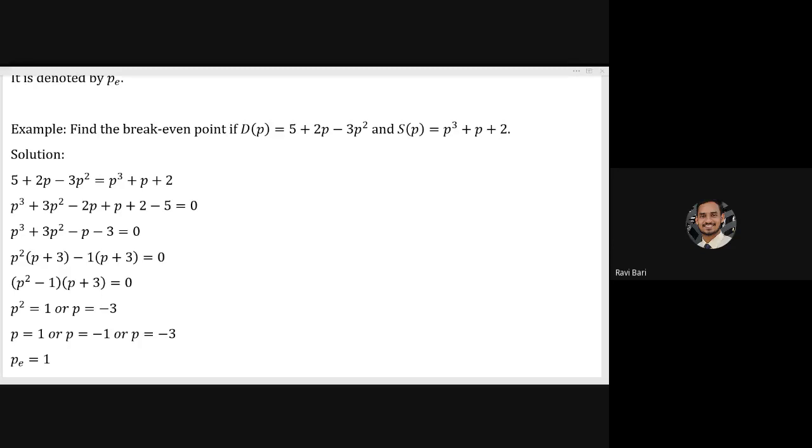All right. Now I just want to show you that these curves actually meet at the point P is equal to 1. So I'm going to draw the graph. Just be with me.